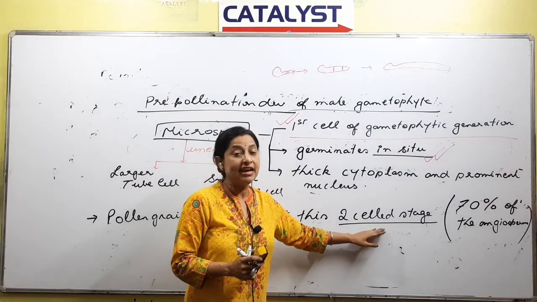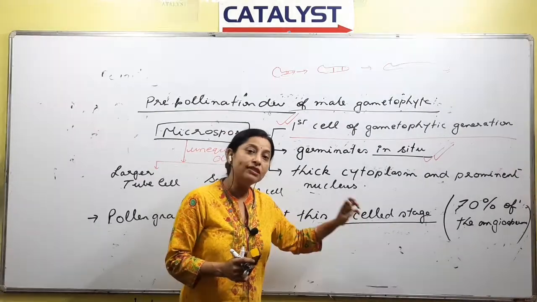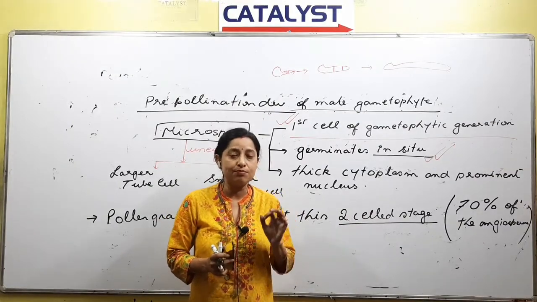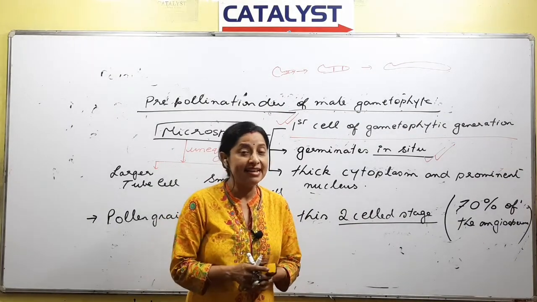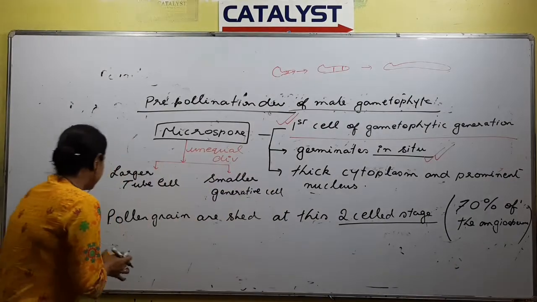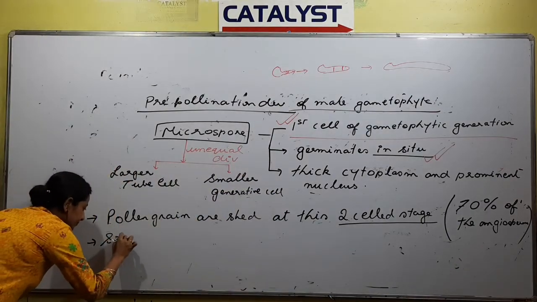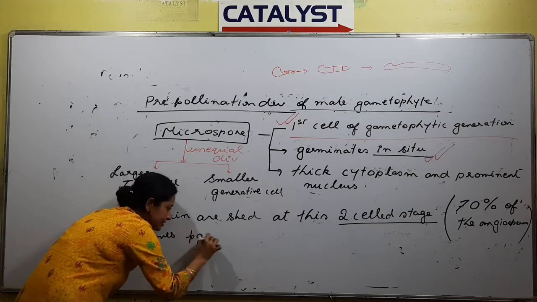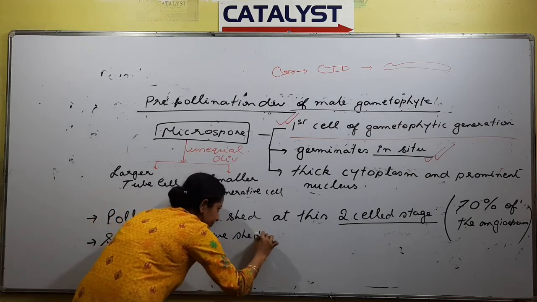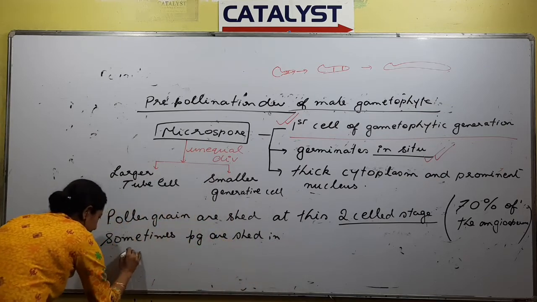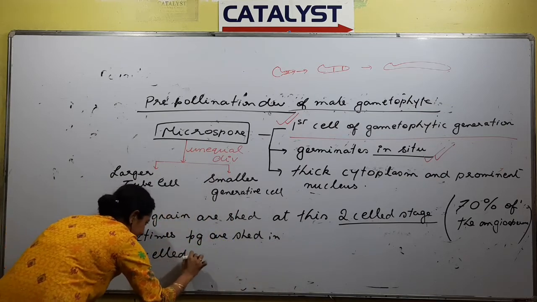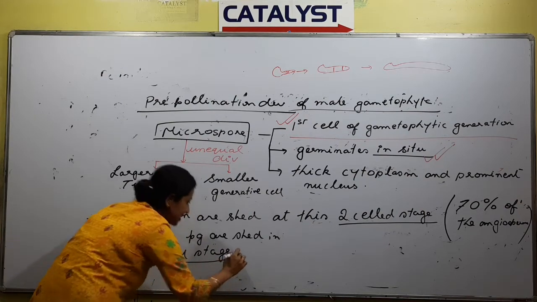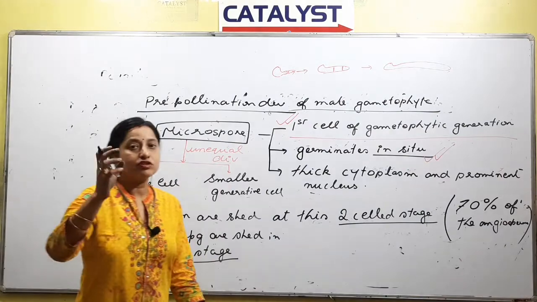Now this does not mean that all pollen grains are shed at the 2-cell stage. There are certain cases in which pollen grains are shed at the 3-celled stage also. If we talk about the 3-celled stage, the microspore has to form 3 cells, right?